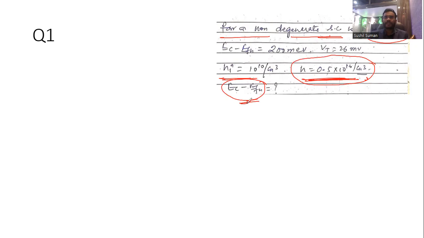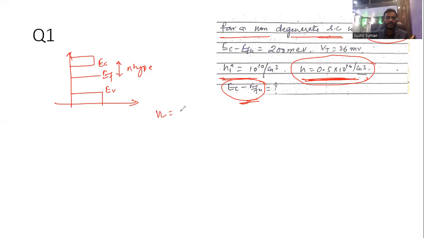What will be its value? My dear students, as you know, this is the thermal Fermi level. This is EV, this is EF, this is your EC. Now, for an N-type semiconductor, N equals NC e raised to the power minus (EC minus EF) upon KT.